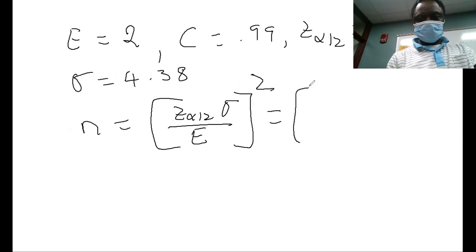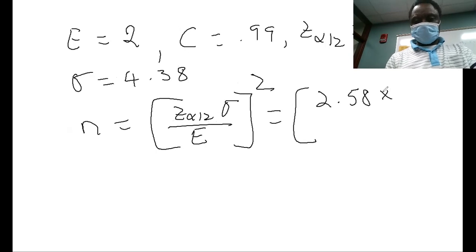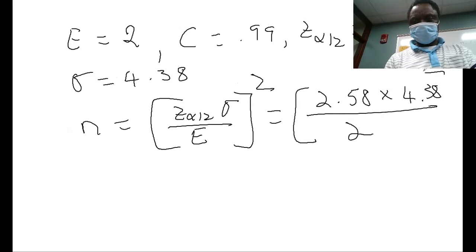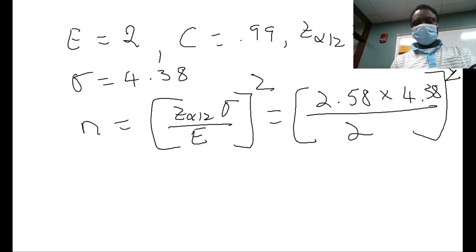So n is Z alpha over 2 times sigma over E, squared, which is 2.58 times 4.38 divided by 2, squared.